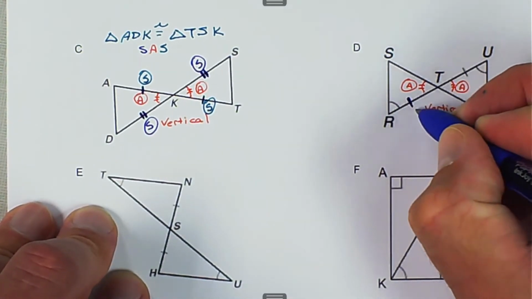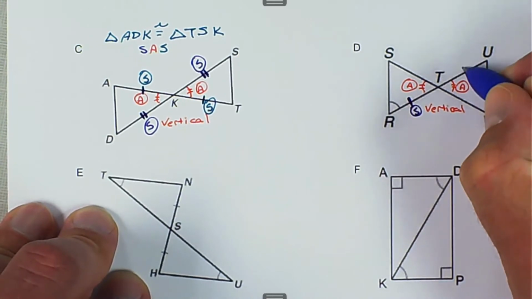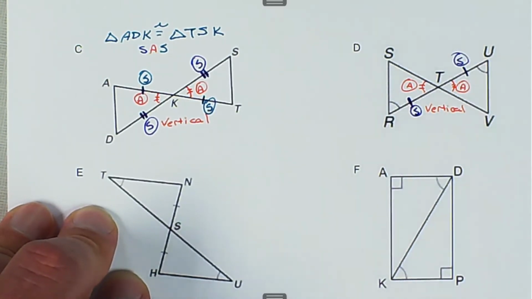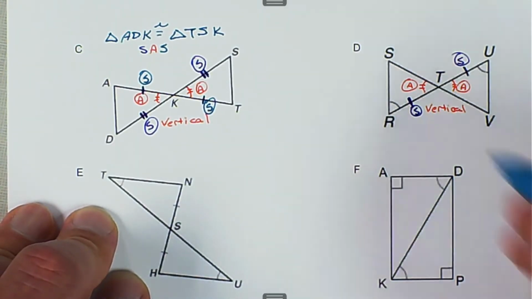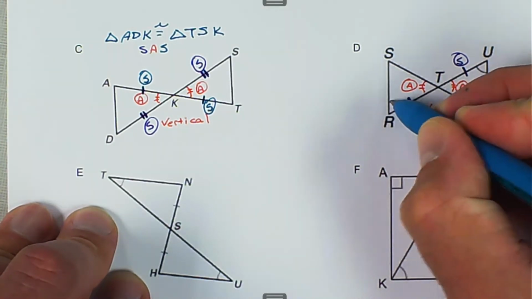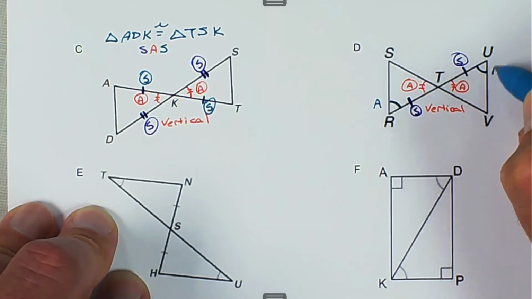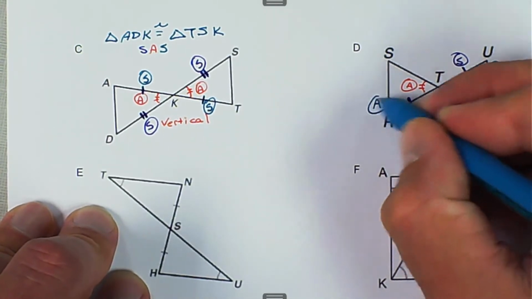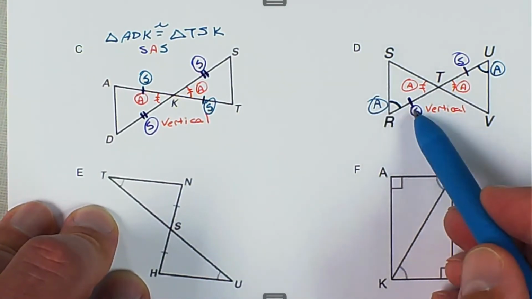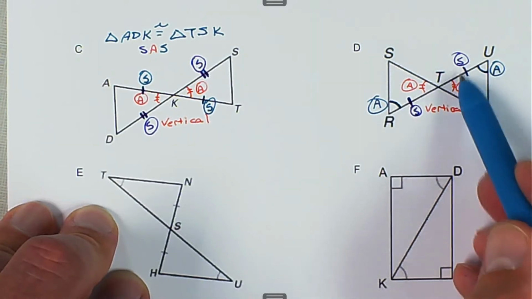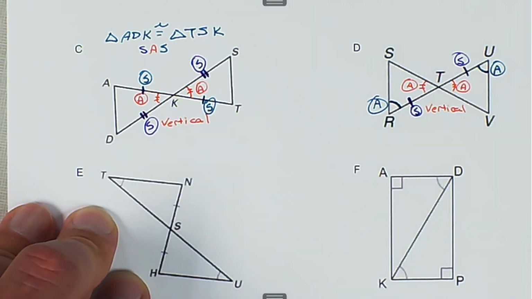Next we have a side and a side, and then we have this mark here, it's the angle. So here we have angle, side, angle, angle, side, angle, so that works. So now we just have to name the corresponding parts correctly.